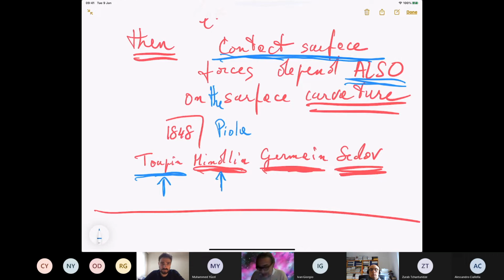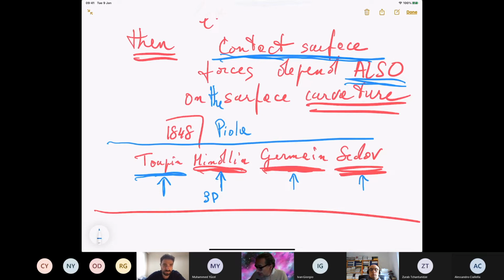Midlin, another American, started a violent controversy with Truesdell, and he even wrote a third gradient continuum theory. Paul Germain, who was secrétaire perpétuel of the French Academy of Science, and Sedov, who was the big boss of the atomic program in the Soviet Union.